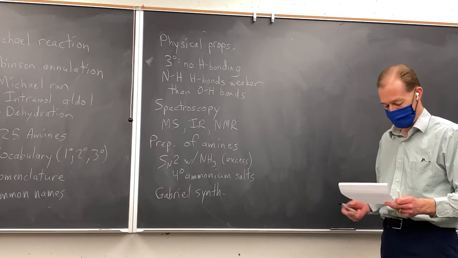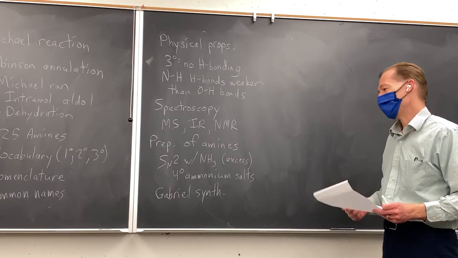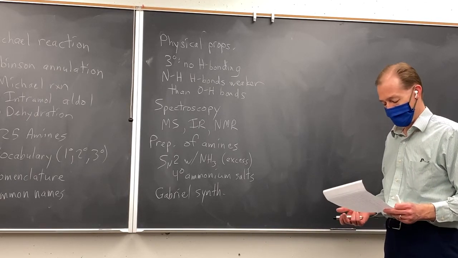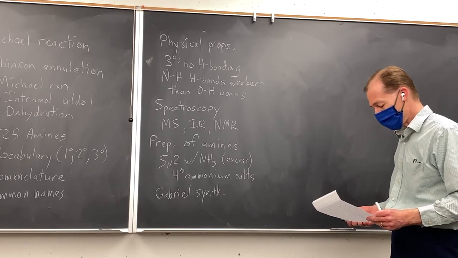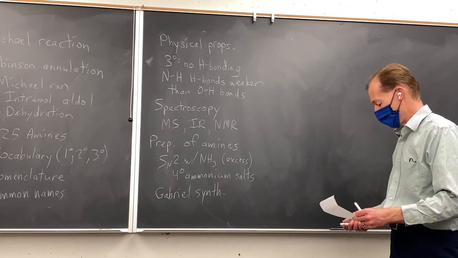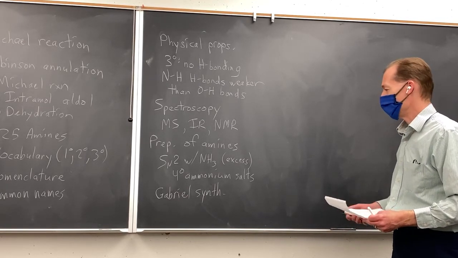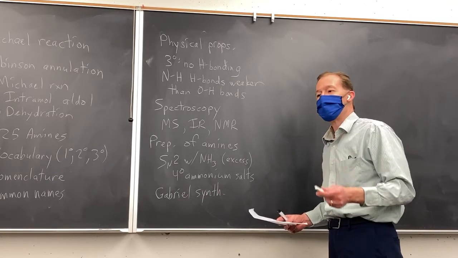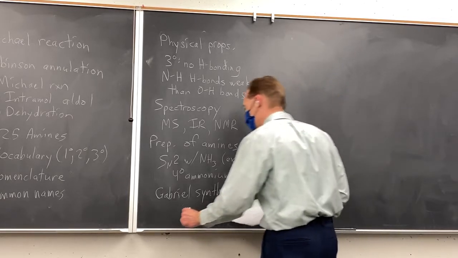Amines as nucleophiles are prone to polyalkylation, and you can only suppress that by using excess ammonia. So in other cases, you can use the Gabriel synthesis. That allows you to avoid polyalkylation. We're using the conjugate base of phthalimide.